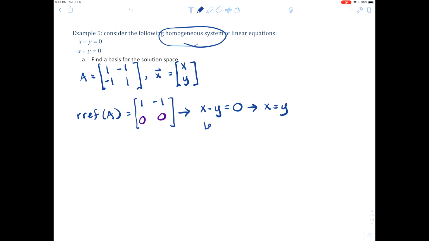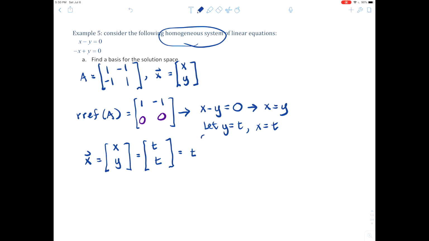So if we let y equal to t, then x will also equal t, correct? So let's see what we have. We have the vector x equal to the vector xy, which is equal to t. Now, if we factor out the t, we'll just have 1, 1.